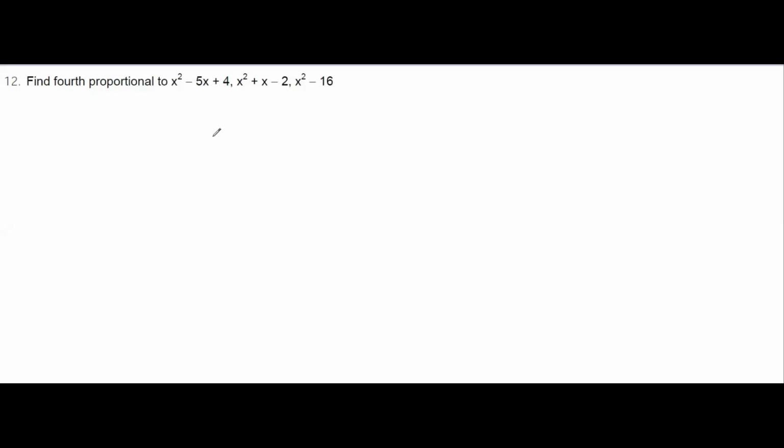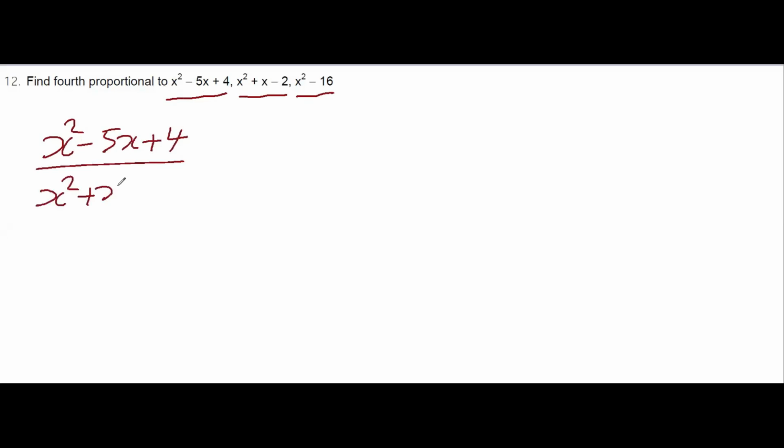Fine. The fourth proportional to x square minus 5x plus 4, comma x square plus x minus 2, comma x square minus 16 is what? So they are talking about fourth proportional. They have already given three proportionals. So I will write this as x square minus 5x plus 4 divided by x square plus x minus 2 is equal to x square minus 16 divided by fourth proportional.